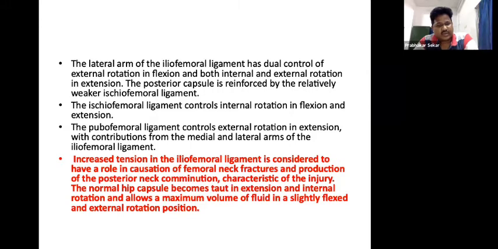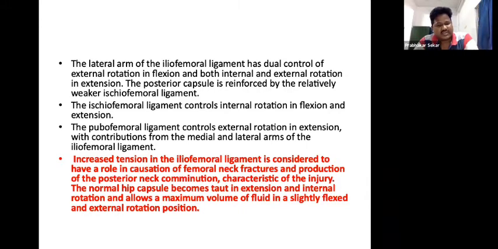The pubofemoral also controls external rotation and extension along with the iliofemoral. So iliofemoral and pubofemoral are helpful in preventing external rotation in extension as well as in flexion. But the ischiofemoral controls internal rotation in flexion and extension.